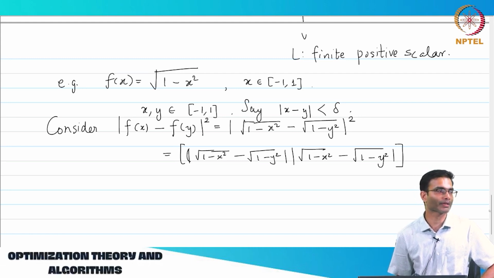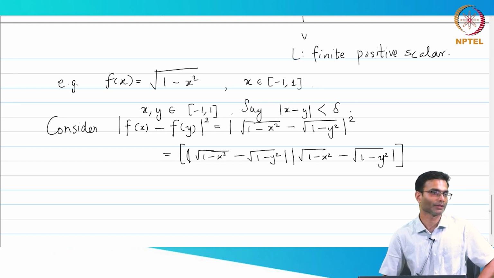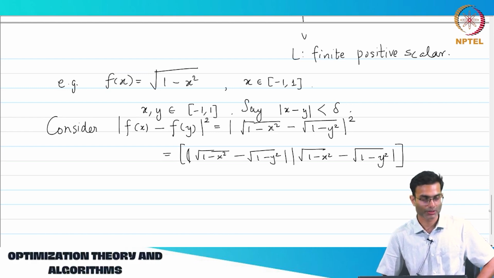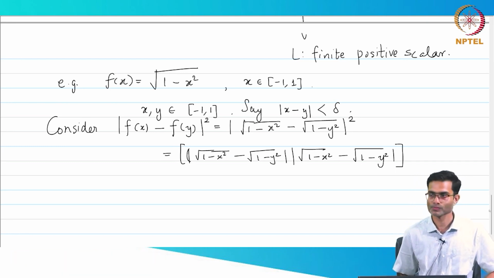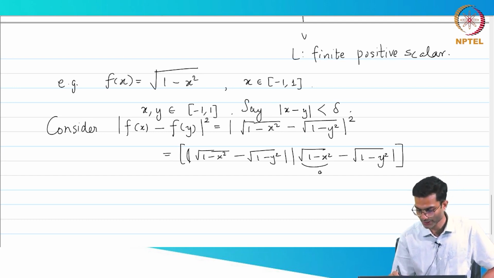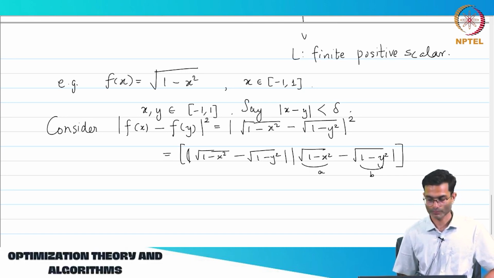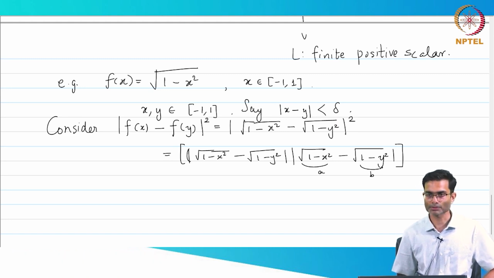This is mod a minus b multiplied by mod a minus b. That's a hint. If I were to make one of these into mod a plus b, would that help me? It would help me, right? So, can I do that? So, supposing I call this guy A and I call this guy B. Something simpler?